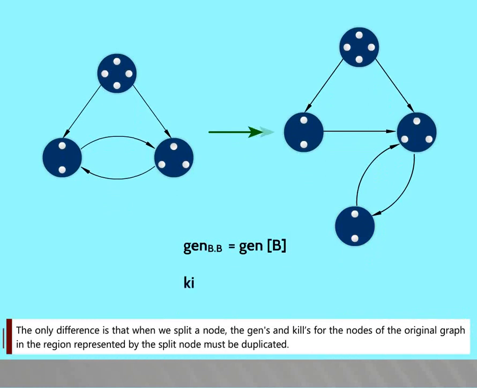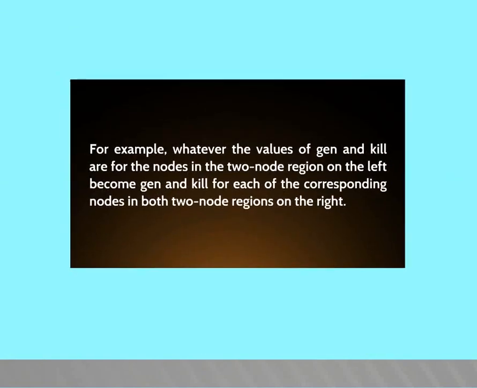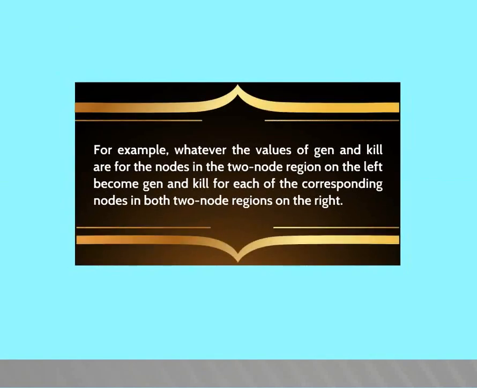The only difference is that when we split a node, the gens and kills for the nodes of the original graph in the region represented by the split node must be duplicated. For example, whatever the values of gen and kill are for the nodes in the two-node region on the left become gen and kill for each of the corresponding nodes in both two-node regions on the right.